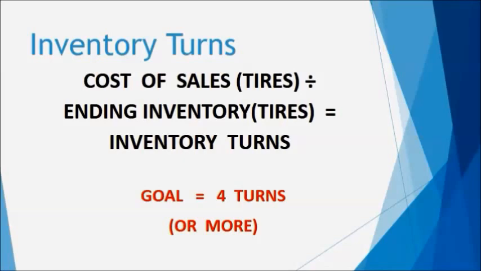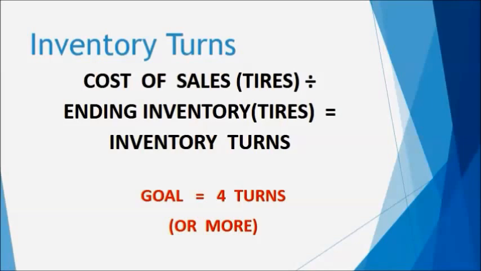Now the goal should be anywhere between 4 to 7 times, no less than 4 and up to 7 times. 4 times means that you probably get deliveries maybe twice a week from your suppliers. And now more and more suppliers are offering everyday deliveries.